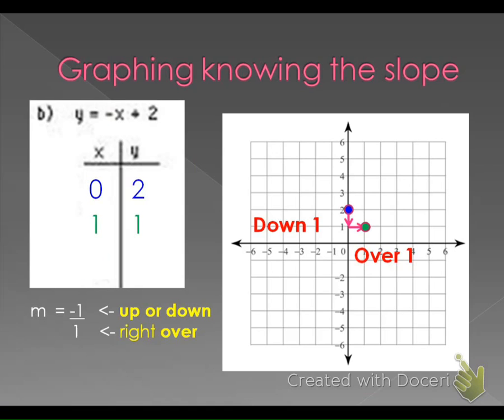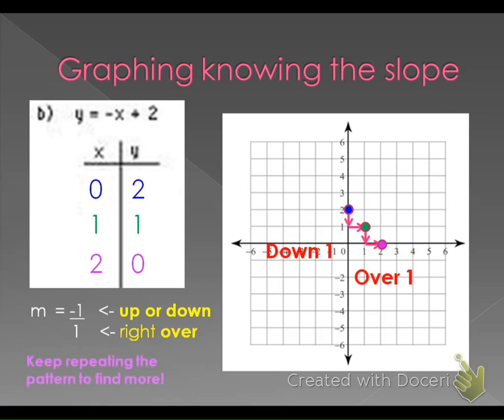And its coordinates are 1, 1. To find the next point, I have to go down 1 again, and over 1 to the right. And you notice that my point is now at 2, 0. Following the same pattern, you can find many points on the line.